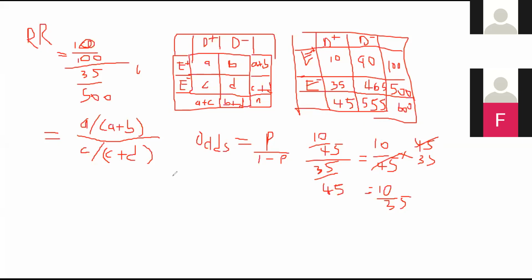So the odds ratio now will be the ratio of this: you want to divide the odds of smoking among the people that have the disease over the odds of smoking among the people that don't have the disease. It will now give you 10 all over 35 divided by 90 over 465.